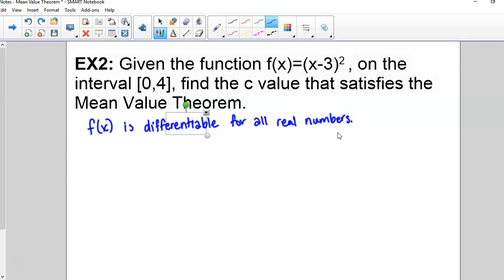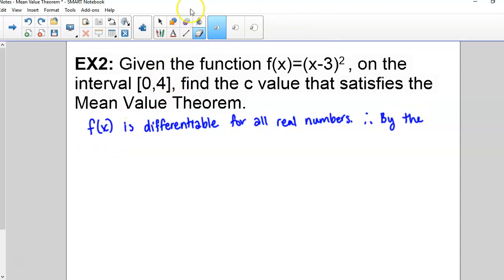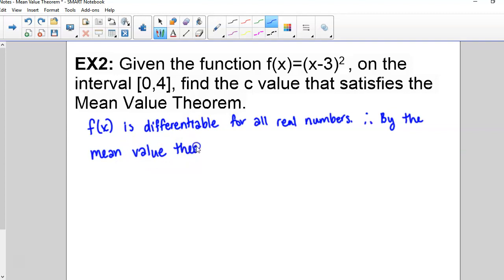And since f of x is differentiable for all real numbers, then we can say, therefore, by the mean value theorem. Okay, and then that's where we're going to do our work to find our conclusions.